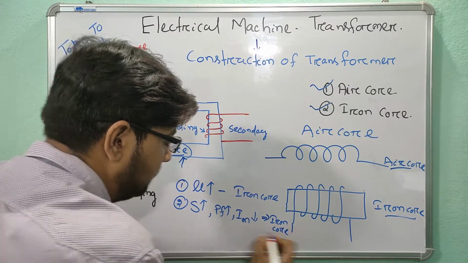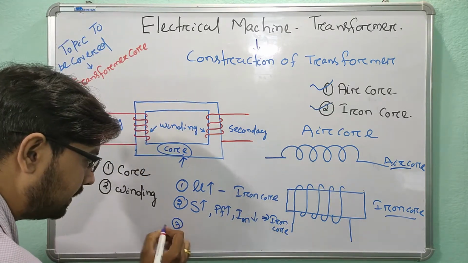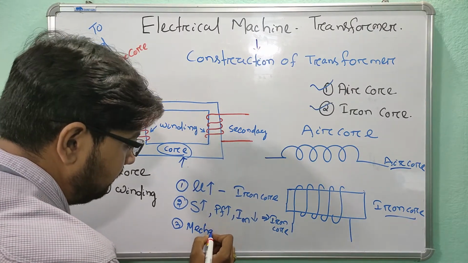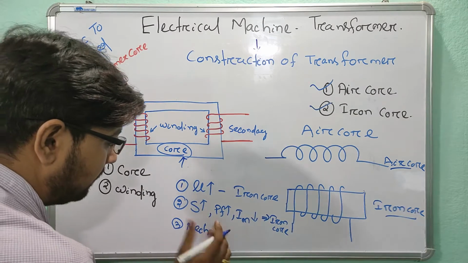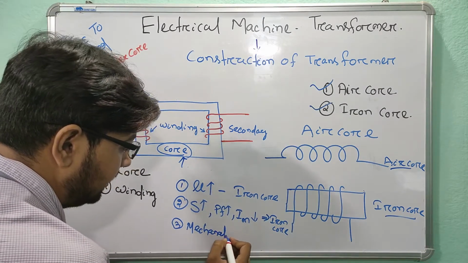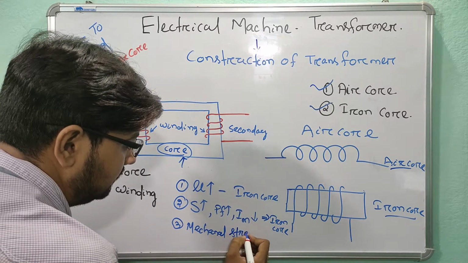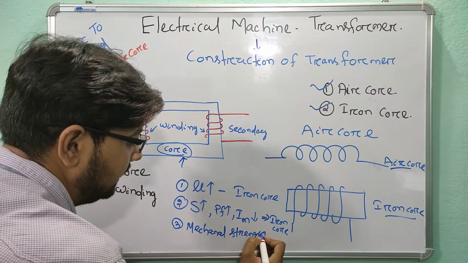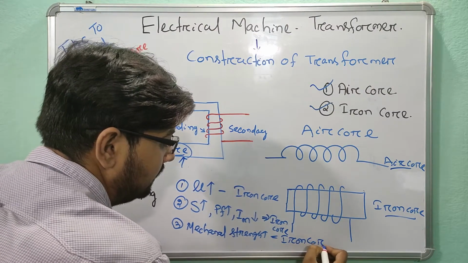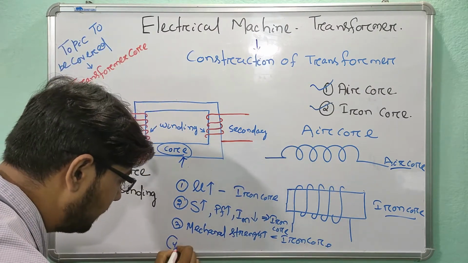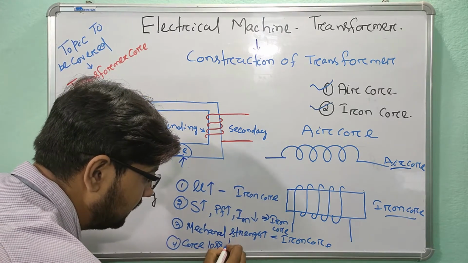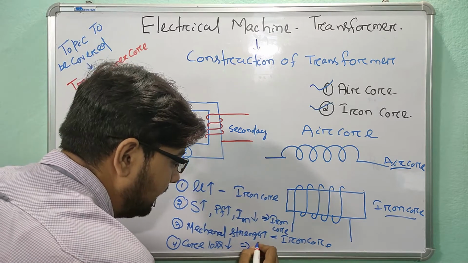Number three is mechanical strength, which is high for iron core. Number four is core losses, which is low for air core.